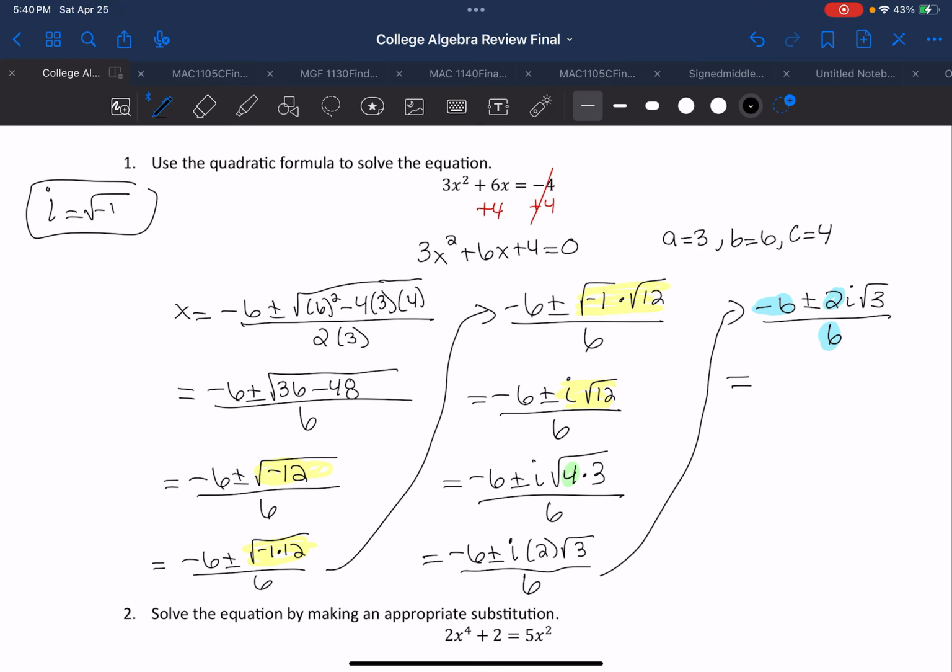So you can only do this at the very end after you've simplified your radical completely and if all three have a common factor. So negative 6 divided by 2 would be negative 3. So this will leave me with negative 3 plus or minus 2 divided by 2, which is just 1.